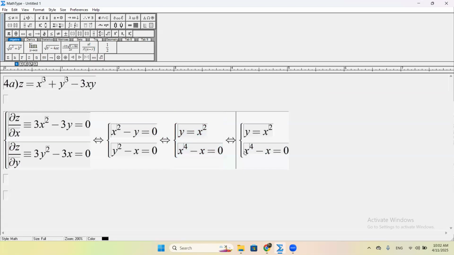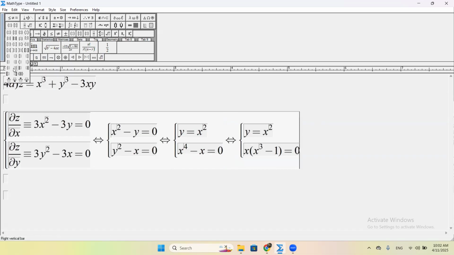So x times (x cubed minus 1) equals 0. And we will have the following. Actually, we will have two solutions of this equation, of this system.